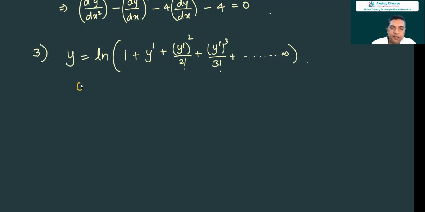What is the order and what is the degree of this differential equation?